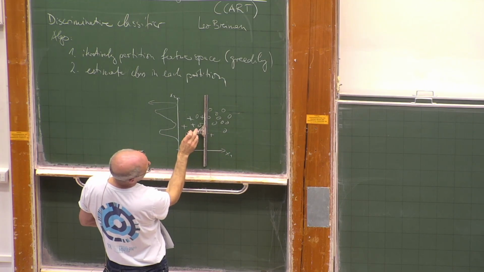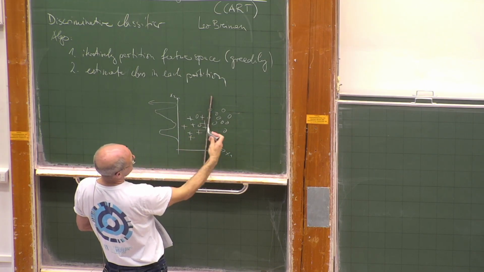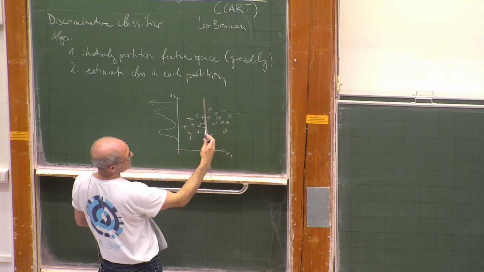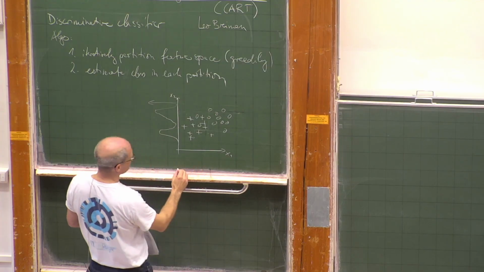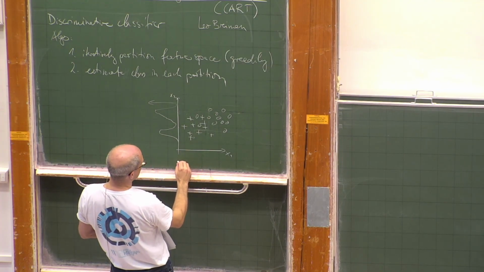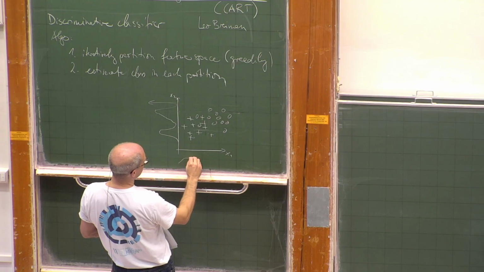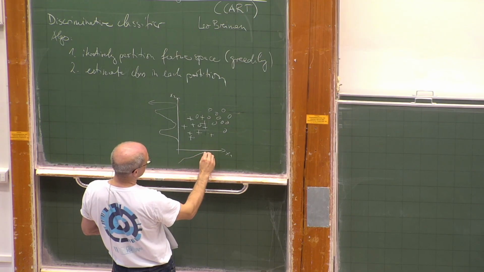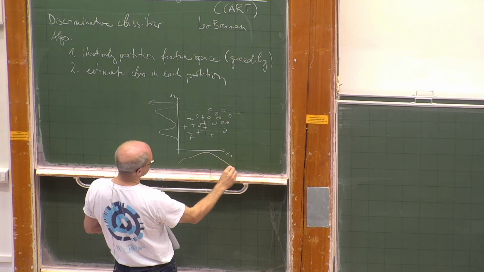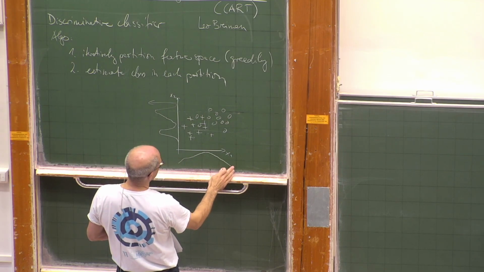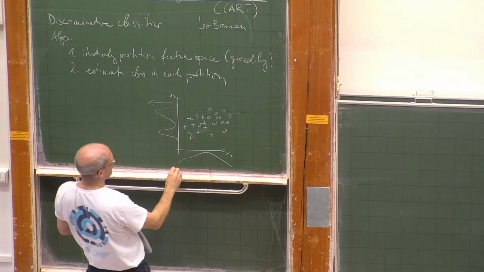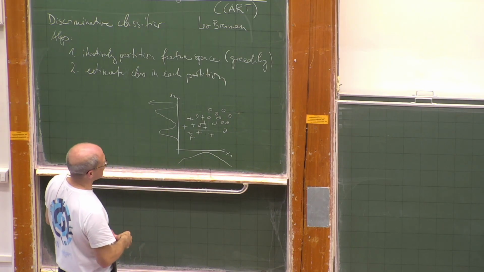I have an almost pure split on the right, a pretty pure split on the left. So if I make a similar score here of desirability, it's pretty good throughout. And here, it's pretty good throughout.